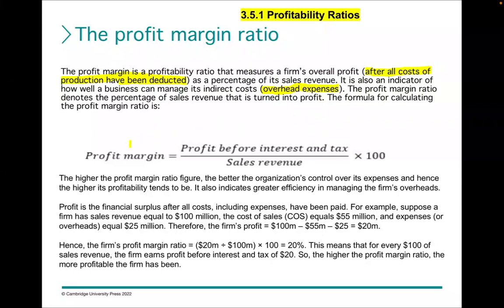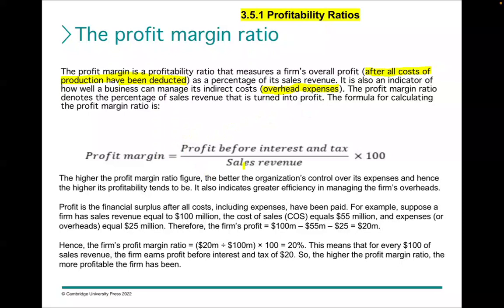So, the profit margin ratio is calculated using the following formula: profit before interest and tax divided by the sales revenue.